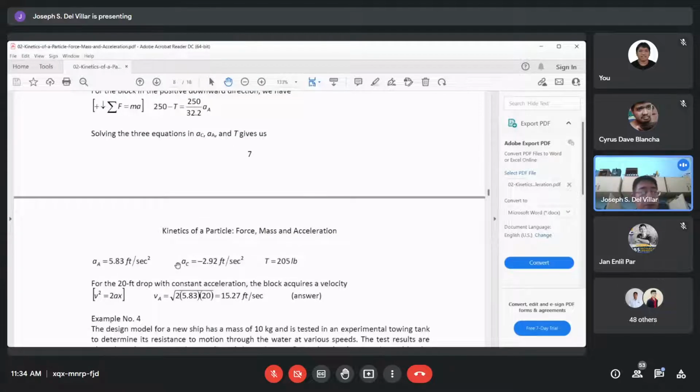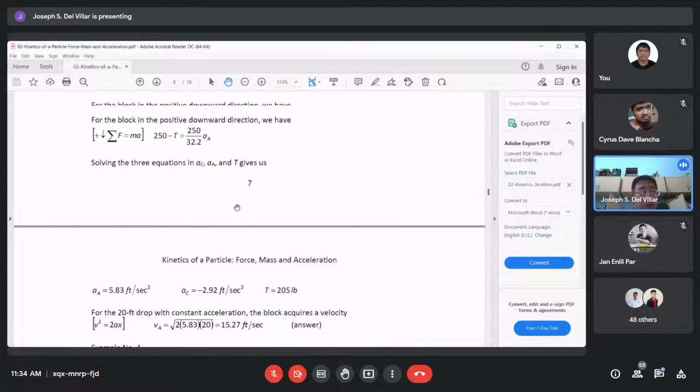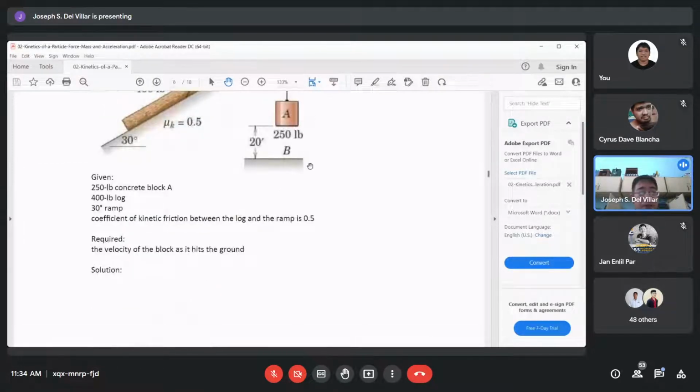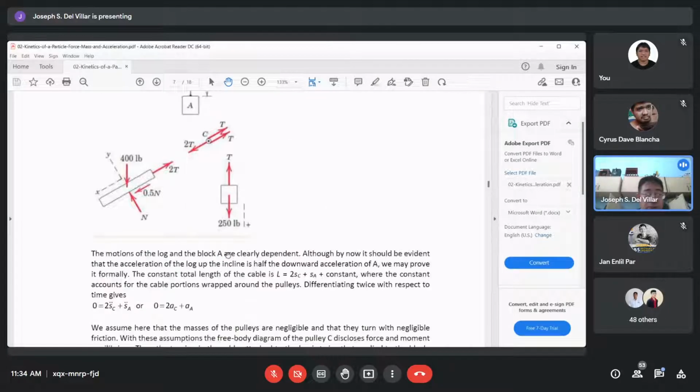So these are the values. For the 20 feet drop with constant acceleration, this 20 feet is the distance of the concrete block from the ground, where point B is the ground. So it is suspended in air by 20 feet.